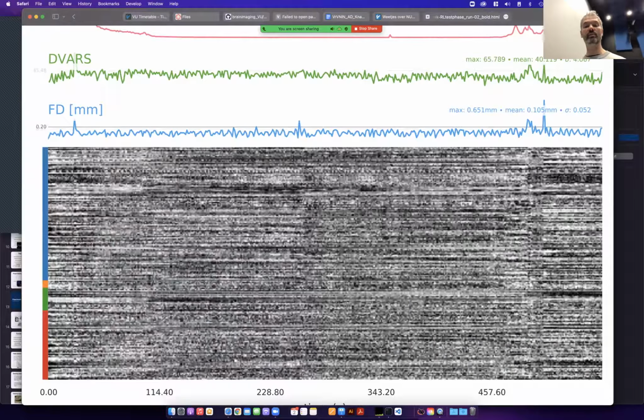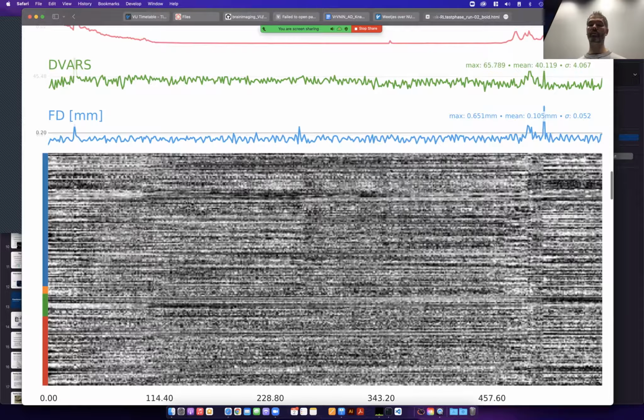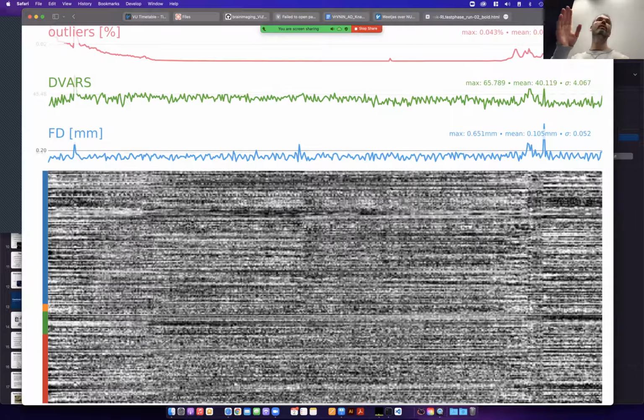Now here you have exactly that same plot that we had before, with the same voxel size as we saw in the fMRIPrep example, but you see that there's much more movement, and this is a reasonably good subject. Here, for example, the run ended. The duration of the experiment depended on what the subject did, and if they were fast, the run would end, but we couldn't stop the scanner. So the scanner had to keep scanning for a while.